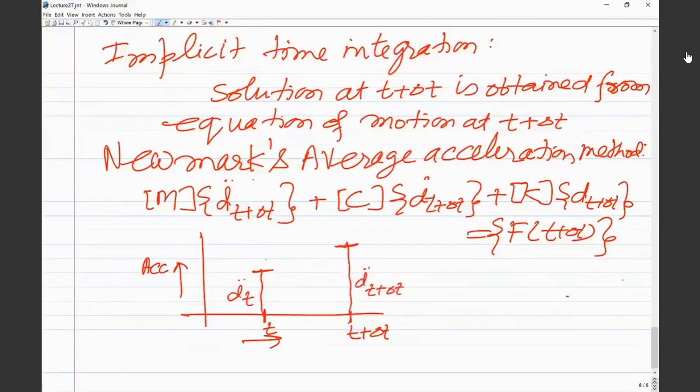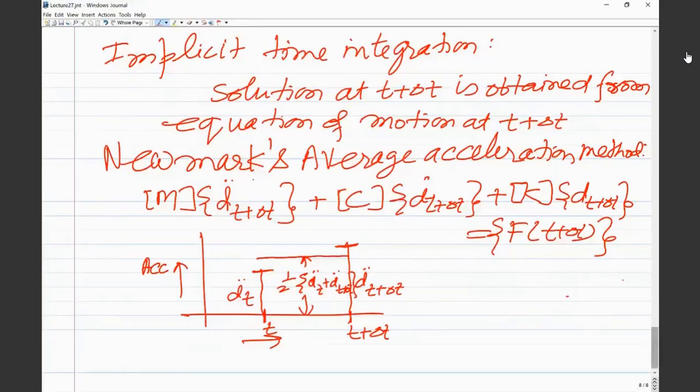Between these two we take the average acceleration, taken as half of d double dot at t plus d double dot at t plus delta t.